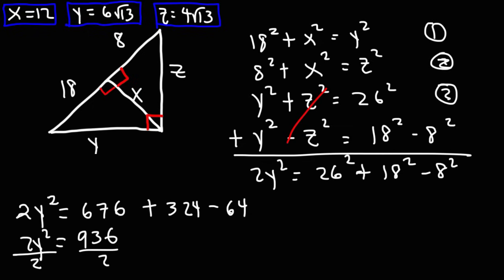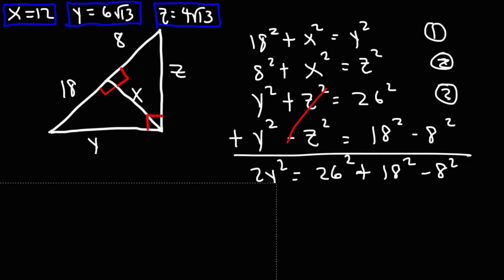Dividing both sides by 2, we can see that y squared is half of 936, or 468, a very familiar answer. And then once we take the square root of both sides, we know that the square root of 468 is 6 root 13. So we have the value of y.